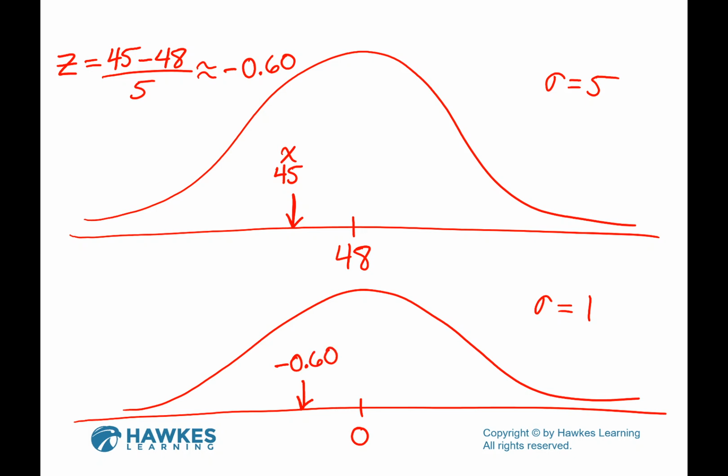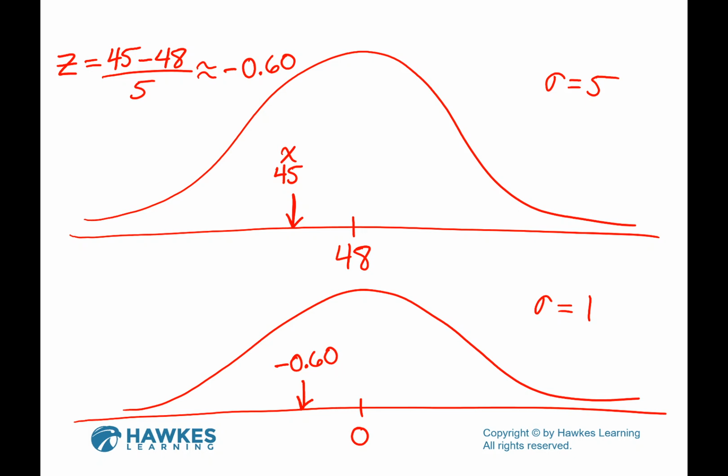I don't have it drawn to scale well, but what's happened is we've taken this normal distribution, which would be over to the right of this one because its mean's 48. If we had them on the same number line, our standard would be right here, and the normal distribution we started with would be over to the right. So we've taken it and slid it over to the left to make its mean match up with 0.